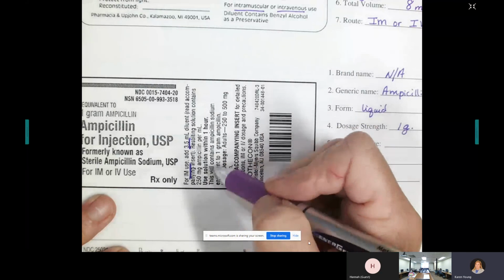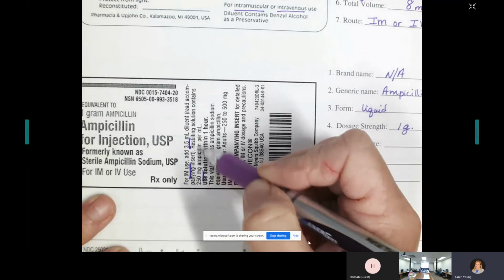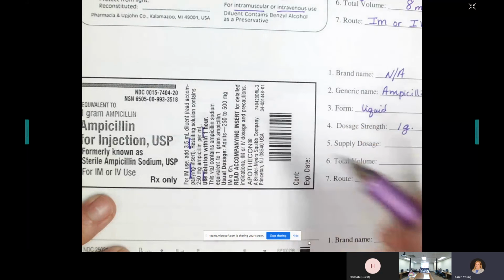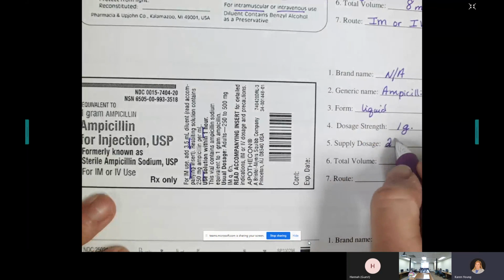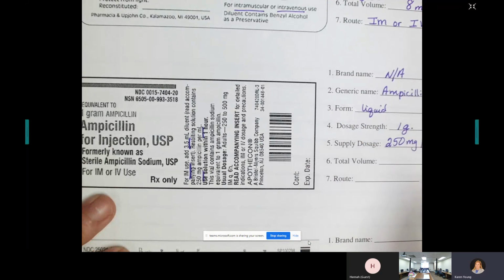The resulting solution contains 250 milligrams per milliliter. So my supply dosage is 250 milligrams per milliliter.